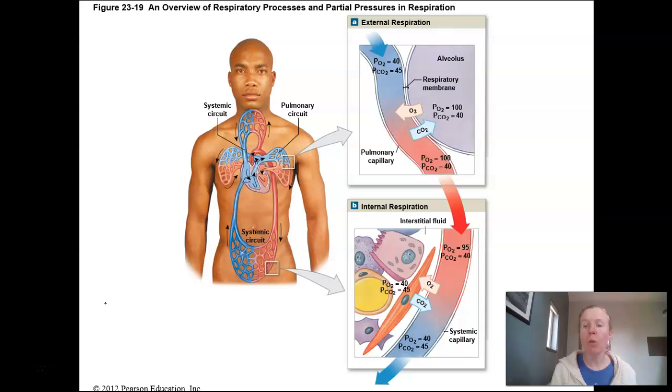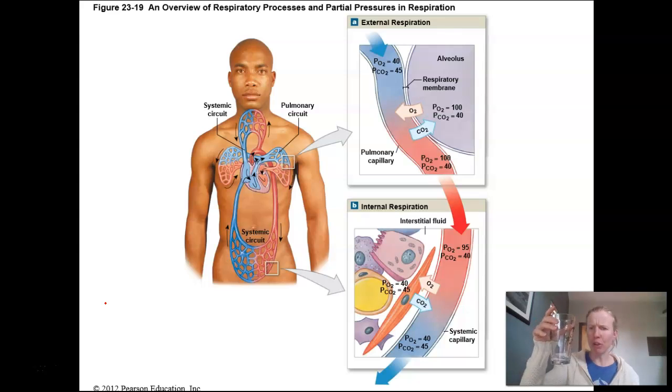Okay, so I think the thing to keep in mind, we don't get really into the math of Henry's law, but the thing to keep in mind with Henry's law is that basically the partial pressure makes a difference, right? It's almost like pushing that gas into a liquid. So for example, here we go.